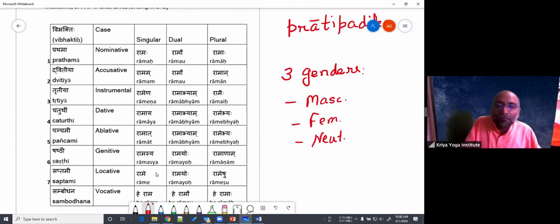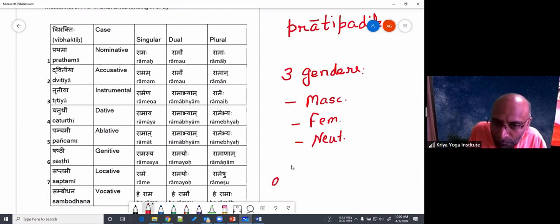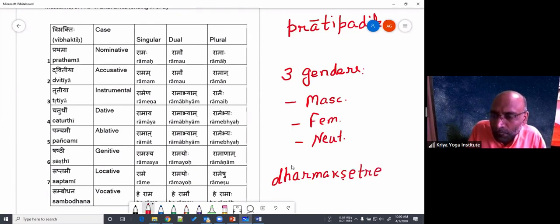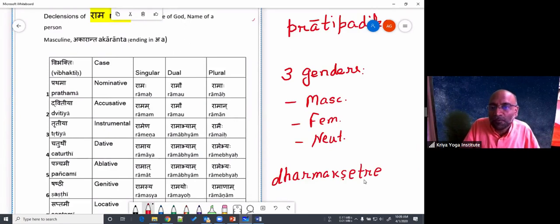This I know as a fact, but from this you can guess that this word dharma kshetre is the 7th case singular. So if you have to say what is dharma kshetre, I have to say it is 7th case singular of the base word dharma kshetra.